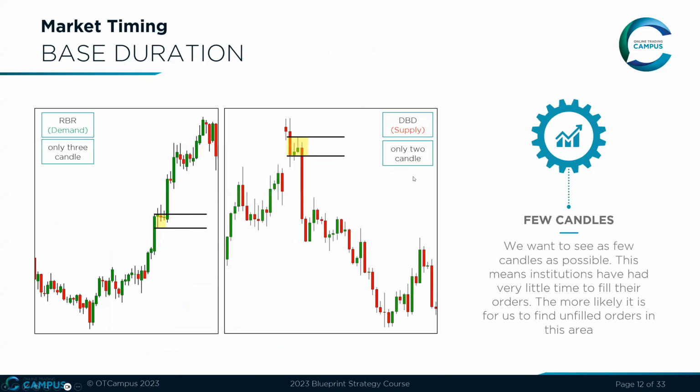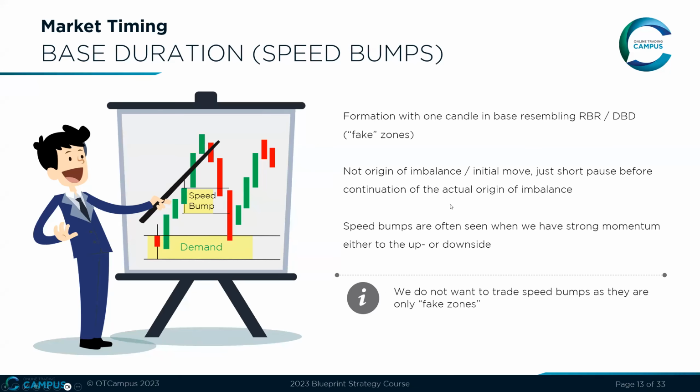And what we do need to cover is that there may be potential speed bumps. Now, potential speed bumps is something that we may want to do a separate example on when we see one, but speed bumps are essentially fake supply and demand levels. Okay, they are fake zones.